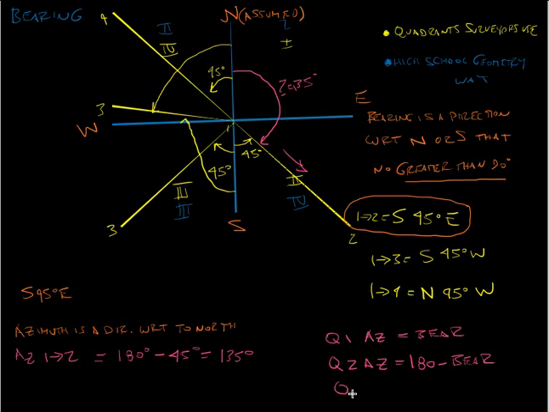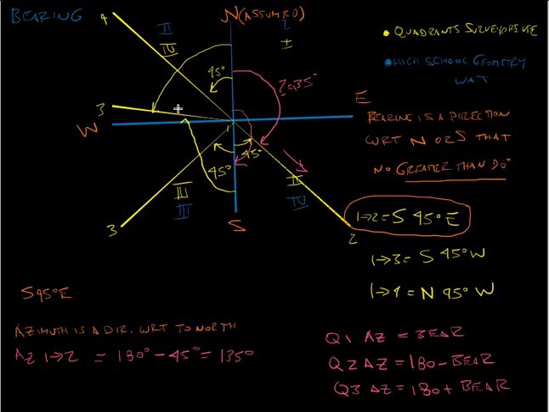Quadrant 3, azimuth is equal to 180 plus your bearing. In quadrant 3, we have this angle here off of north, we would want this angle. So what is that? That's 180 plus 45, and we already said that was 225.